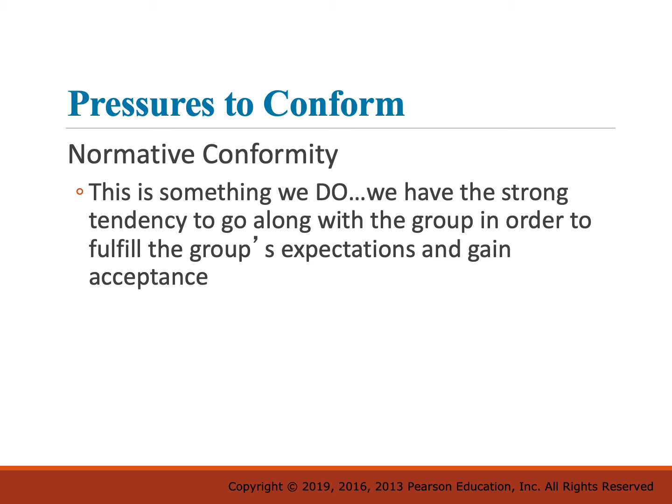Remember, this normative conformity is something that we do. We as human beings have this strong tendency to go along with the group in order to fulfill the group's expectations and gain acceptance of the group by the group, right? That's that normative conformity. So what does that mean in terms of the justification suppression model?